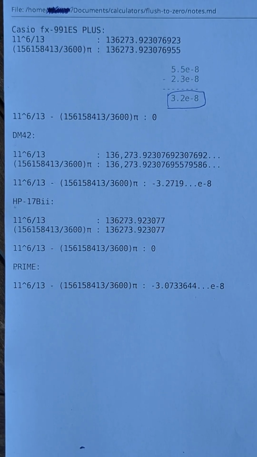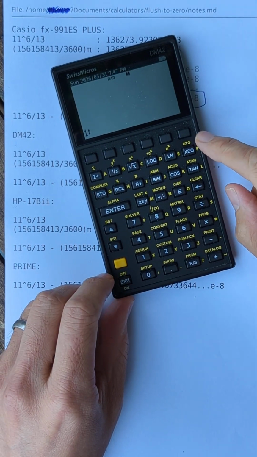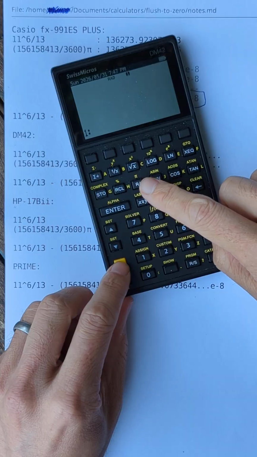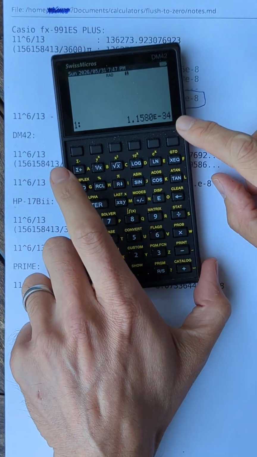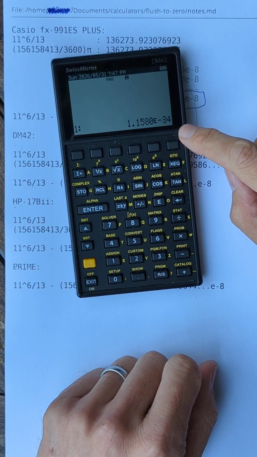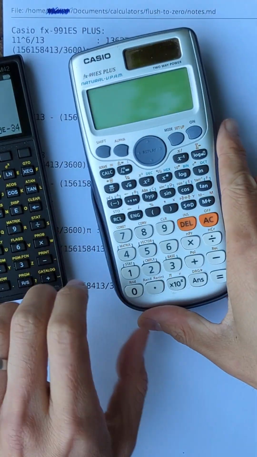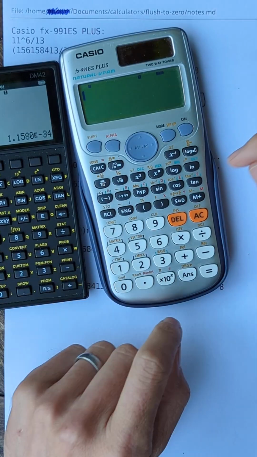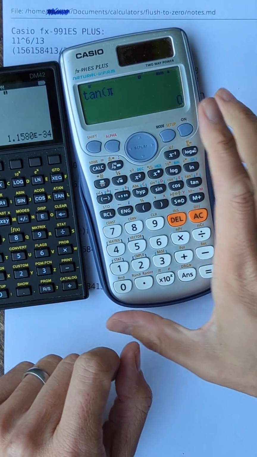A kind of similar thing is if you do tan pi on this calculator, it gives you a tiny value, 1.58 e to the minus 34, whereas on this, if you do tan pi, you get 0.